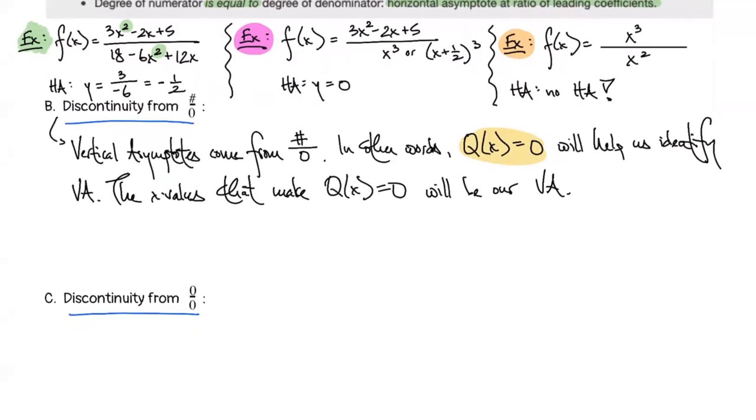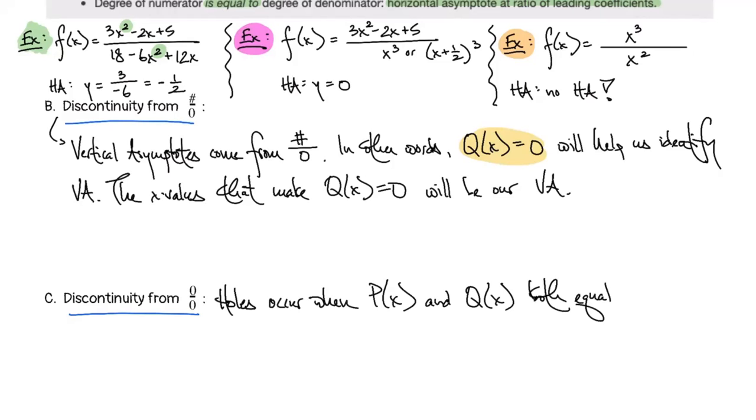All right, how is that different from this other case? Okay, so sometimes we'll try and plug something into the calculator, but specifically, it's going to be a discontinuity where 0 is dividing 0. Okay, so what does this mean? Holes occur when P of X, that's our numerator, and Q of X, our denominator, both equal 0.